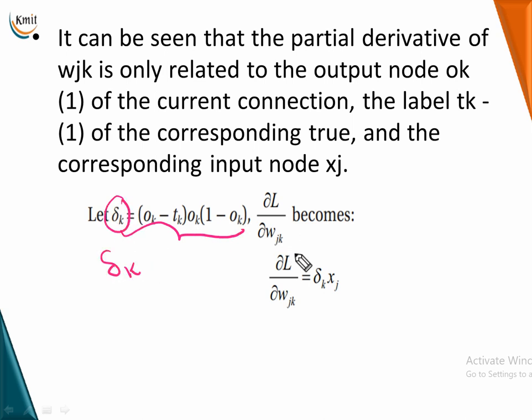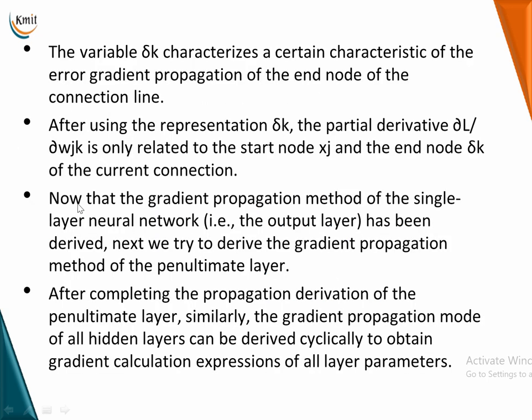That's my notation. As simple as that, this becomes delta_K into x_j. For ease of notation, I am writing it this way, where delta_K is (O_K minus T_K) O_K (1 minus O_K). Correct.